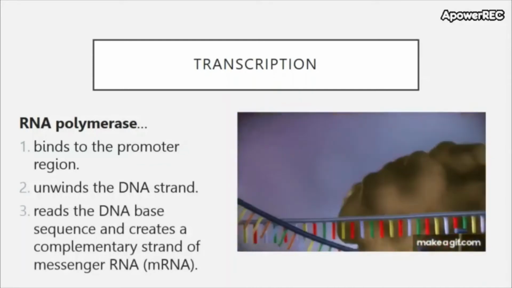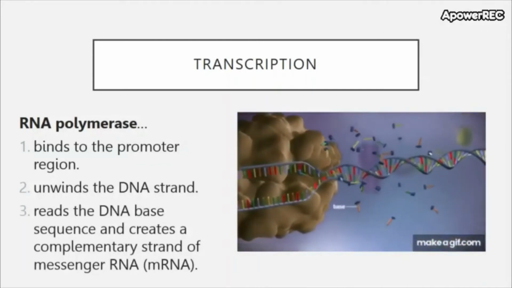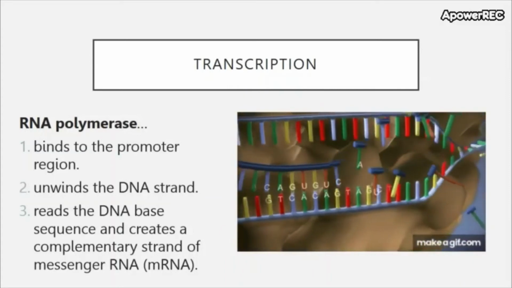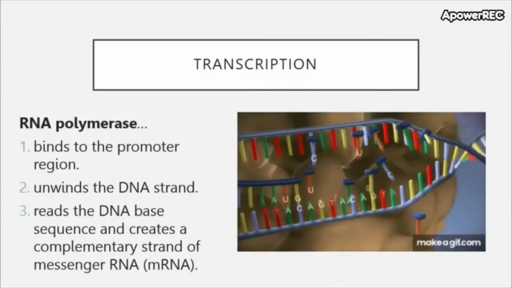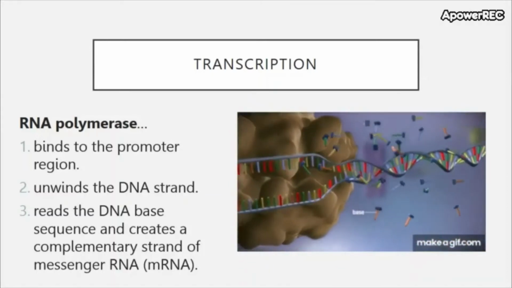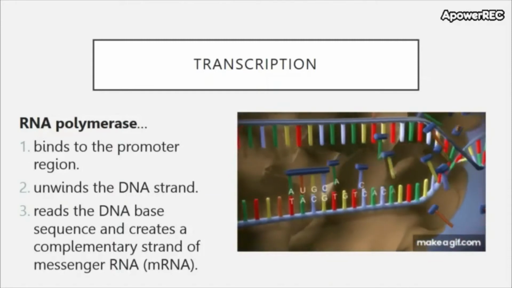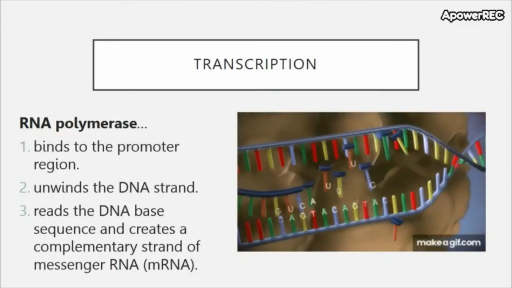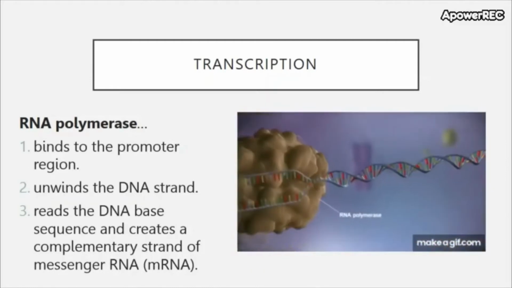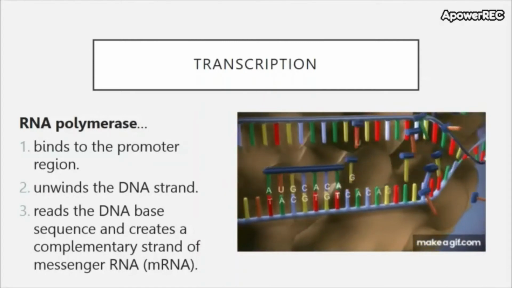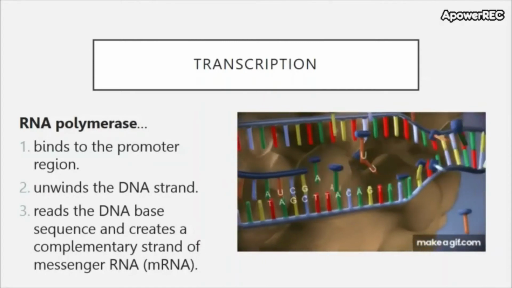It also reads the DNA base sequence, and recall that these enzymes are going to read in a 3' to 5' direction, and it's going to write or create a complementary strand of messenger RNA. So if we look at this GIF here, the composition of these nucleotide bases on the top strand that's being synthesized is what we call an mRNA strand.